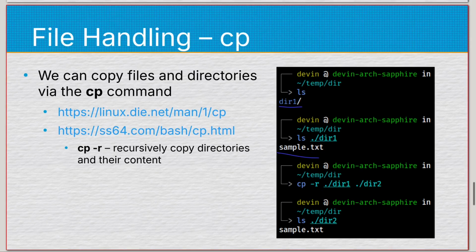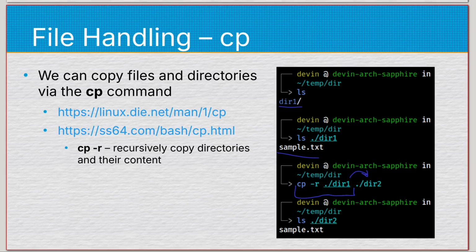So I do cp -r, so it's going to recursively copy that directory, all the contents inside of it. And this is basically saying copy dir1. The second path is saying where to copy it to. So copy ./dir1, so my current directory's directory, to a new directory located in the same current directory.